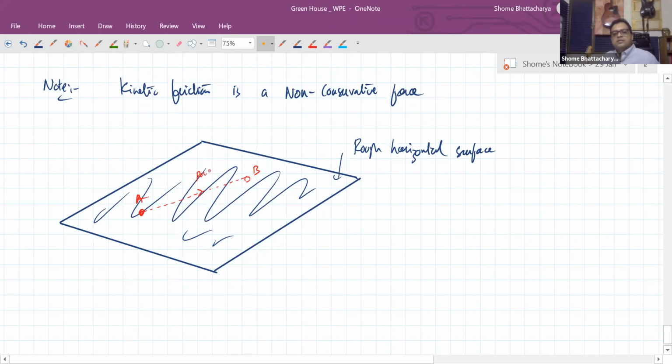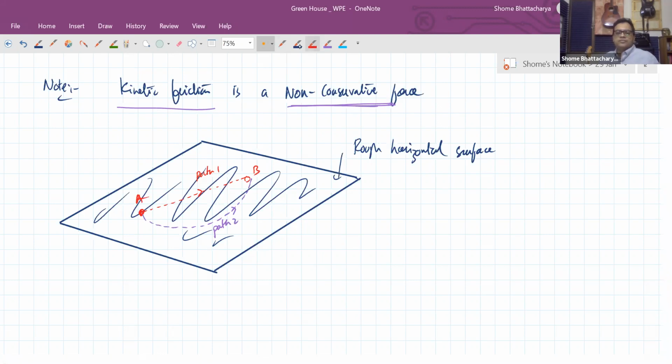One is a path like this, and the other is, let's say, a path like this. So that's the example we are taking. The kinetic friction is a non-conservative force. That's the example we are doing right now.